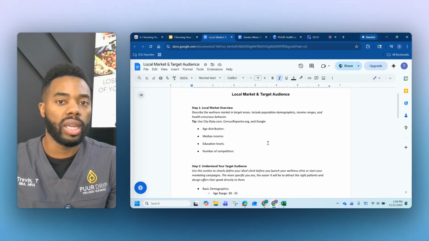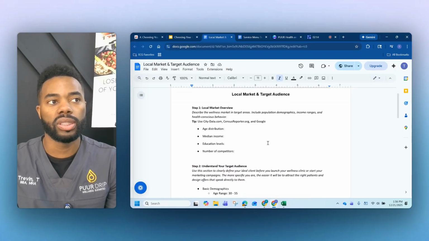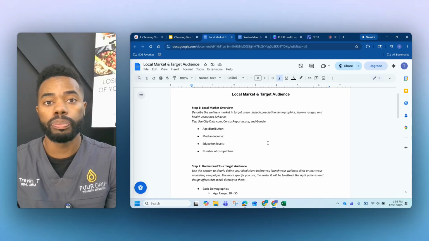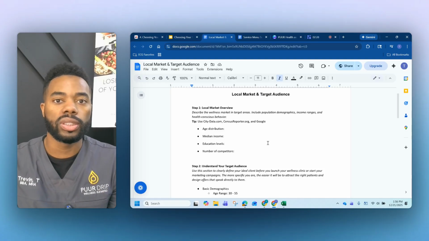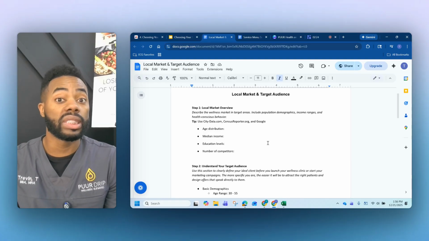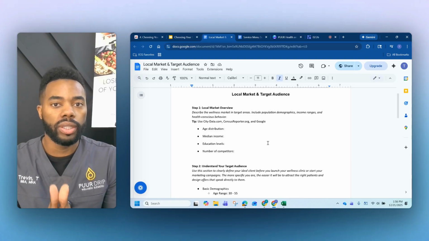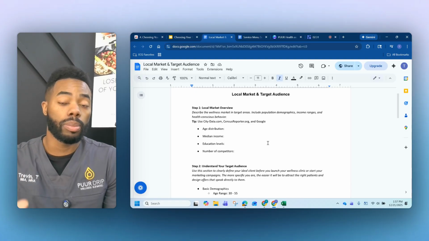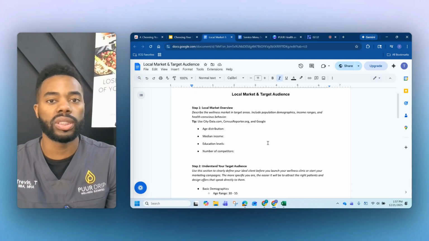At the end of the day, when we own our businesses, yes, we are the owners, but we are still beholden to our clients. And if we offer a ton of services that don't align with our clients, then ultimately we're just wasting money and time, right? So we want to make sure that we get a good sense of the area around us so we can not only set our prices right, but we can offer the services that they want.